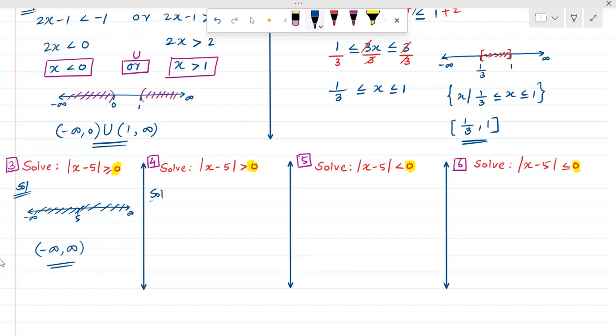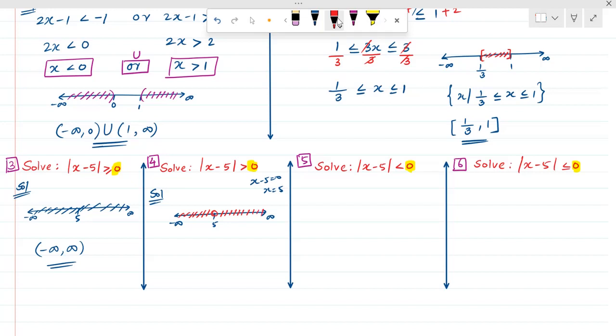Now the second one, here the difference is it is not more than or equal. Equal is missing here. So what will we do? We will draw the graph for this one. Put x minus 5 equals 0, x equals 5. So it is all the real line except 5, because 5 is not included. If I substitute 5, it becomes 0, but 0 is not allowed.